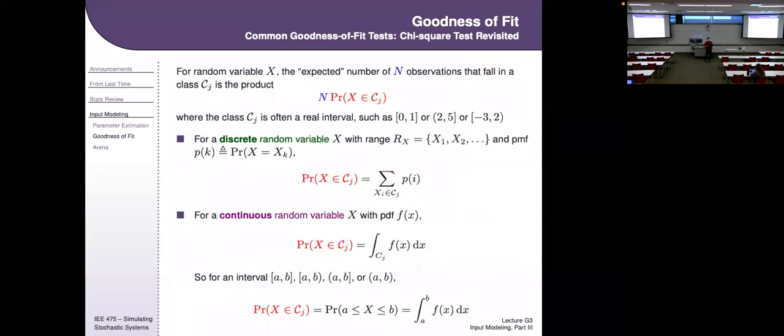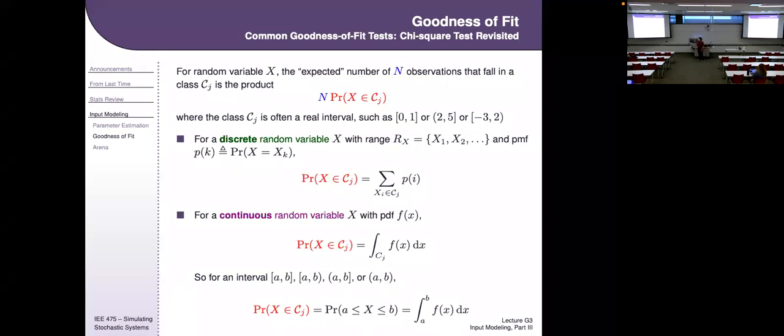So how do we calculate the expected value for an arbitrary distribution? It's not too bad. For a discrete distribution, you determine which outcomes fall in this interval and add up their probabilities. If your interval is from 0 to 0.5 and you've got a 0.25 outcome and a 0.4 outcome, you take the probability of both, add them together, and that's the probability of landing in this bin.